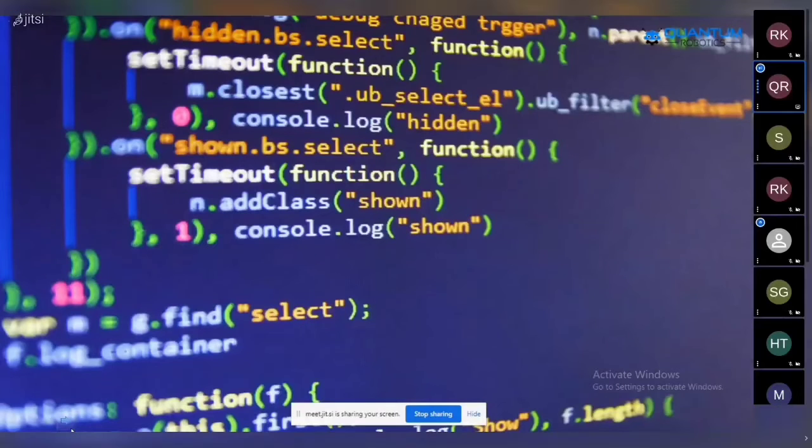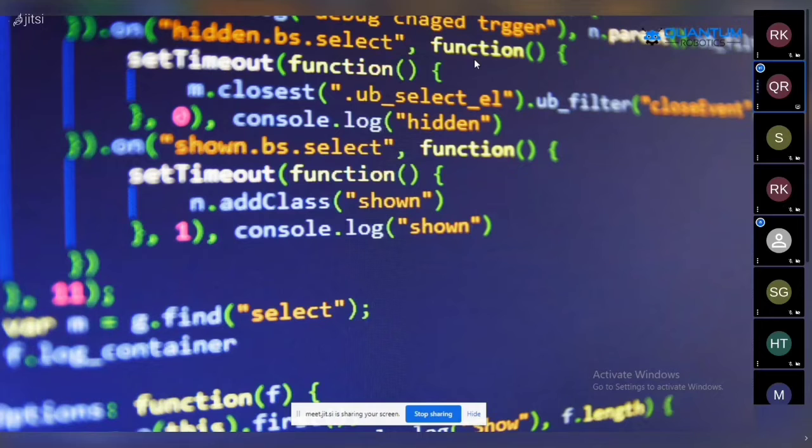In computer science, the main part is coding and how it is executed, how the functions are executed. Here you can see how the instruction methodologies work and how they execute a particular task. Here is an example with bits, hidden, and dot bs dot select, meaning the execution of a function in a particular function over a particular time period.